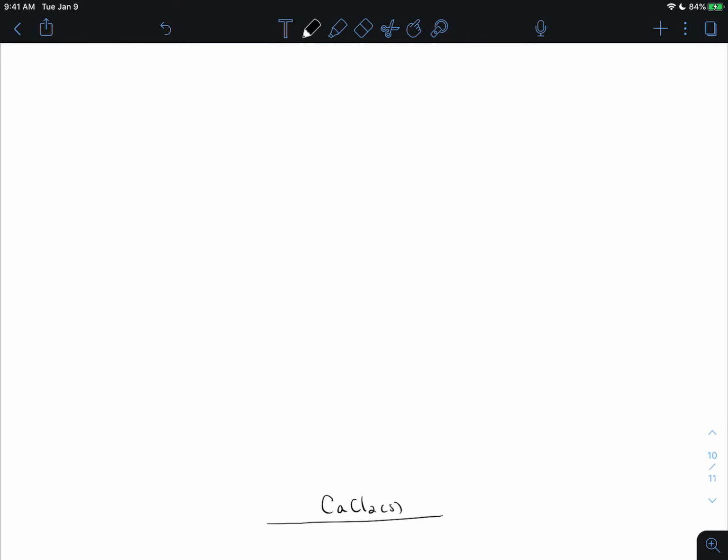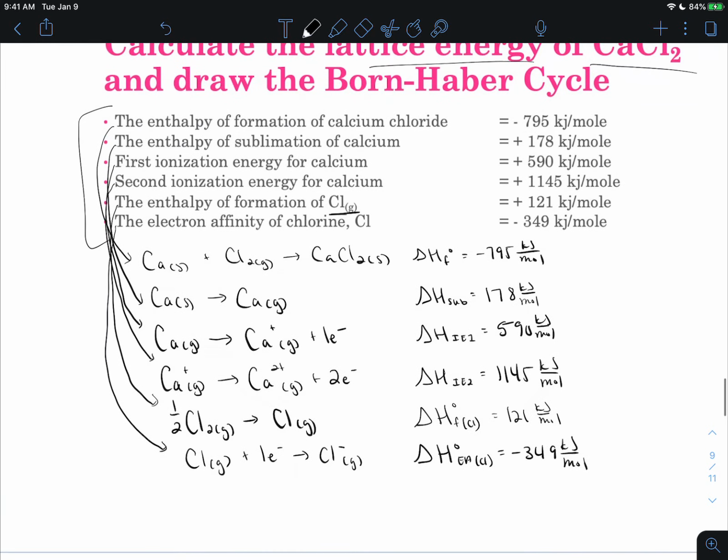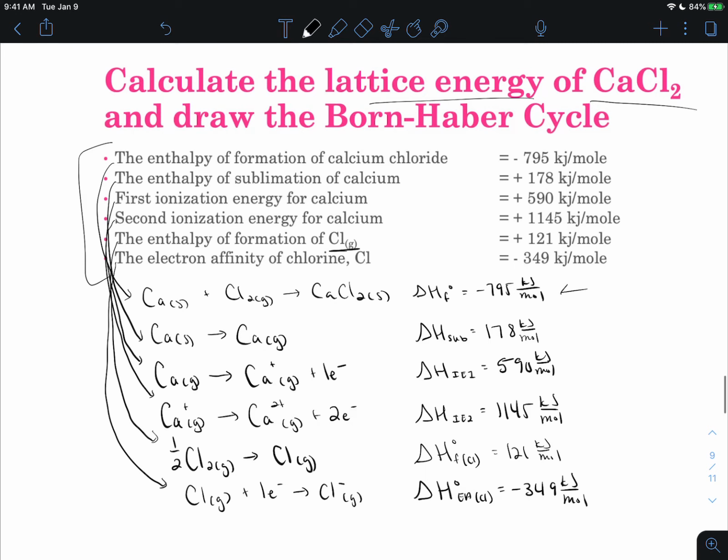So we're taking our calcium chloride and breaking it down into calcium in the solid state plus chlorine in the gaseous state. This is our negative delta H of formation of calcium chloride. Right? So we're writing it as an endothermic process, which here we see it is an exothermic process.